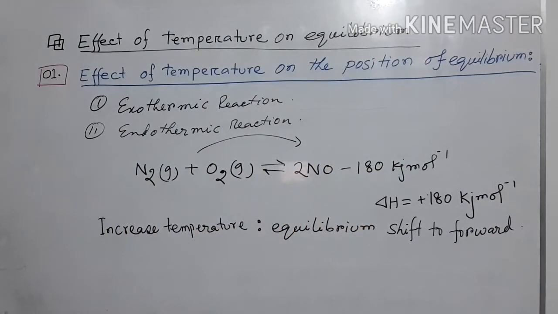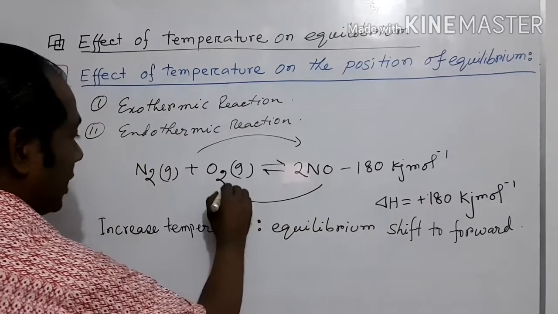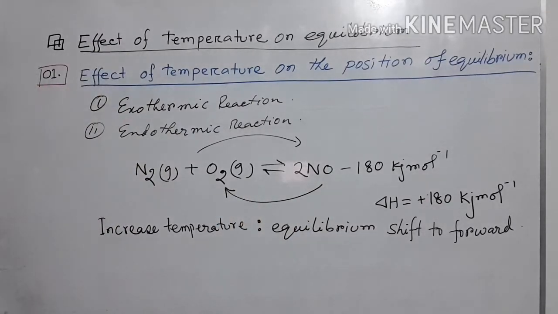And if we decrease the temperature, then the system tries to undo the change or neutralize the effect of changing the temperature, and the equilibrium shifts to left, or equilibrium shifts to backward.